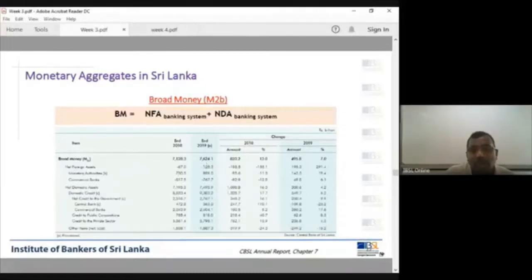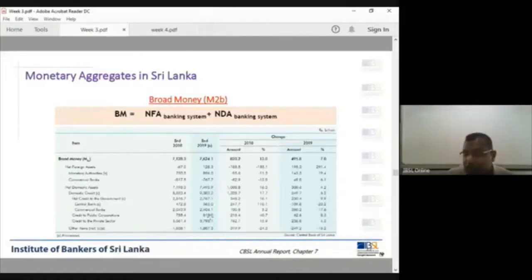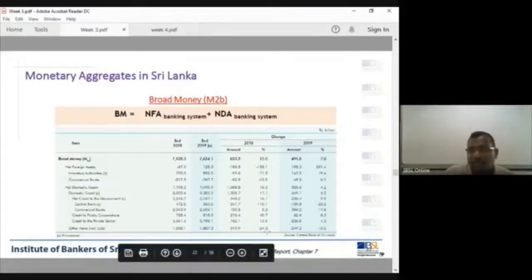Through net foreign assets of 128 and net domestic assets of 7,495. And out of that, the largest component, around 5,798, is from private sector credit.